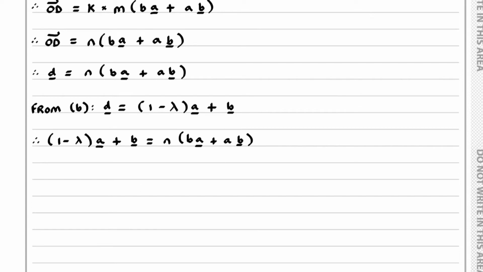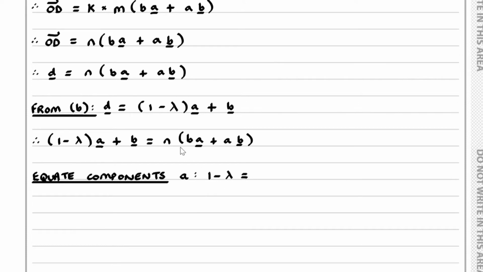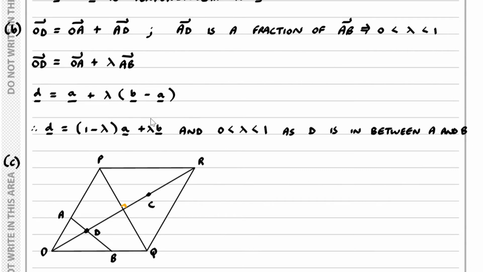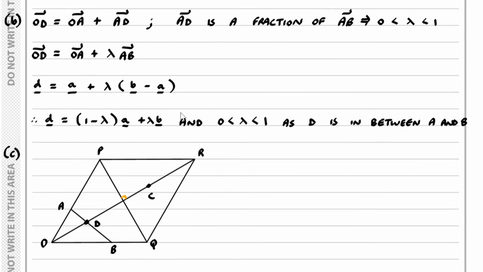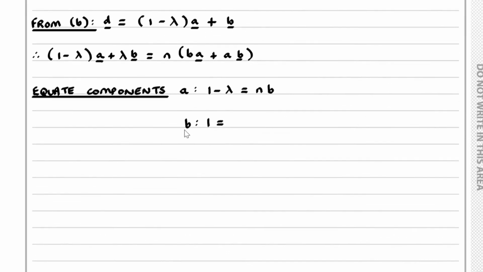So now what we will do is we will equate components. So if I take a look at the A components, on the left I've got 1 minus lambda, and on the right I've got NB. And if I take a look at the B components, I've got lambda on the left hand side, and on the right hand side I've got NA.